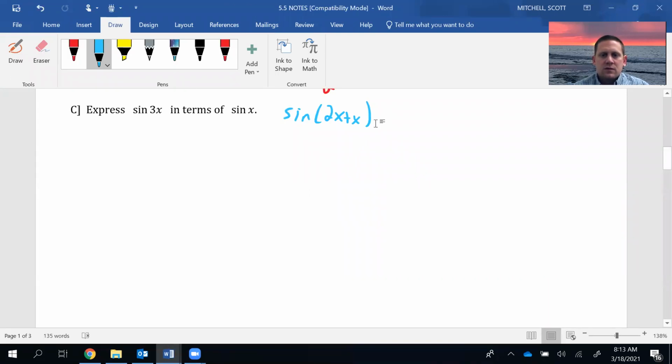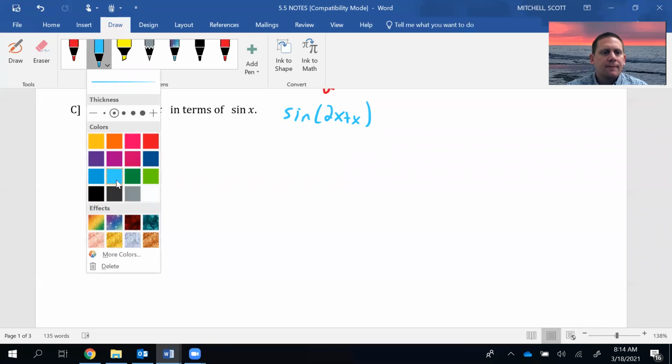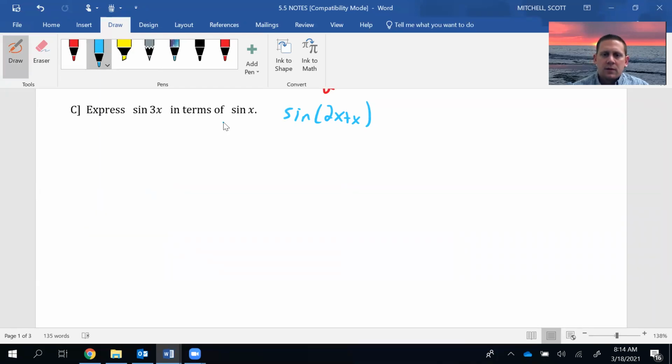So using this, we're going to have the sine of x, sine of 2x, sorry, the cosine of x, plus the cosine of 2x, sine of x. Okay. And now we need to try to use some double angle formulas to make things work.